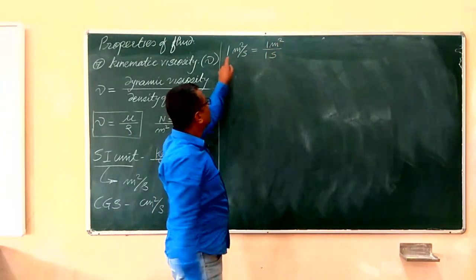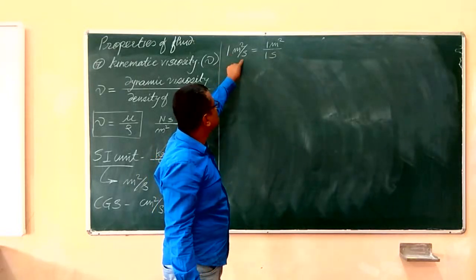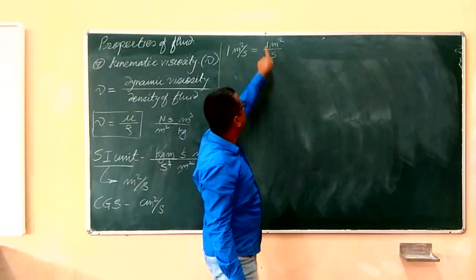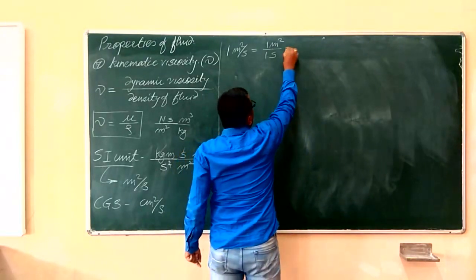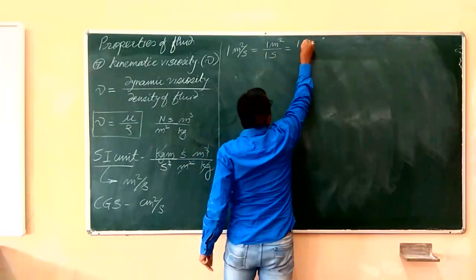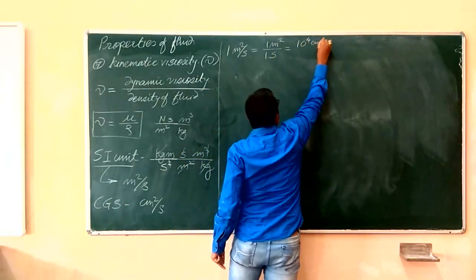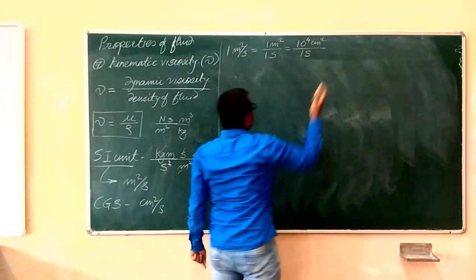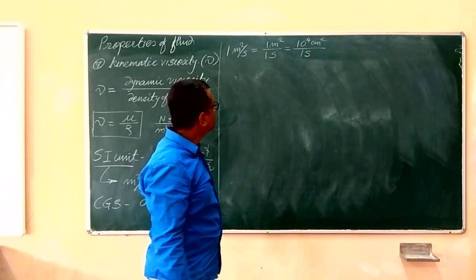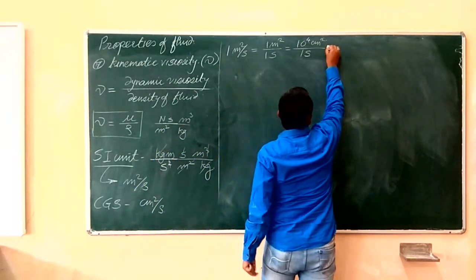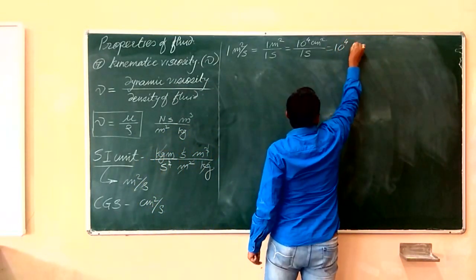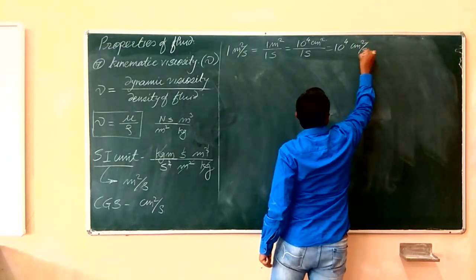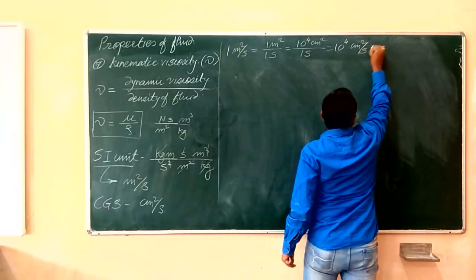We know that 1 meter square is 10 to the power 4 centimeter square, and the second stays as it is, since in CGS time is also measured in seconds. So this equals 10 to the power 4 centimeter square per second.